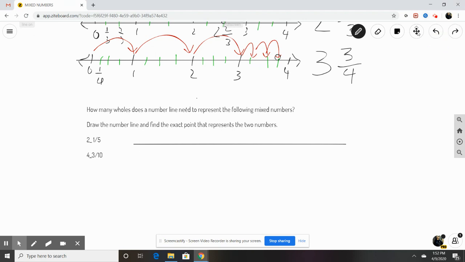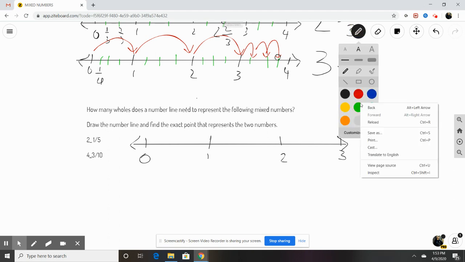I'm going to use my pencil to represent my number line. This number line needs a total of 3. So I'm going to do 1, 2, and then this will be 3. I need to make sure that each whole has exactly 5 parts.